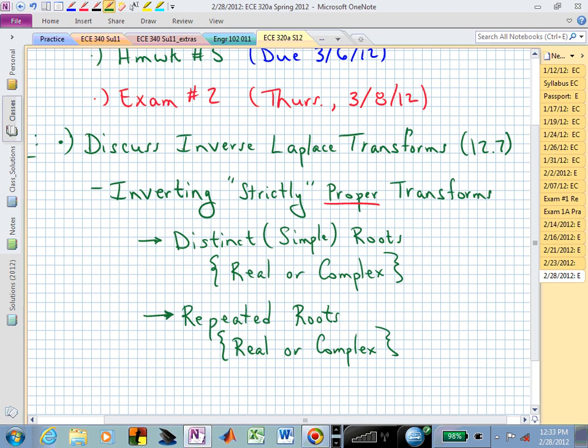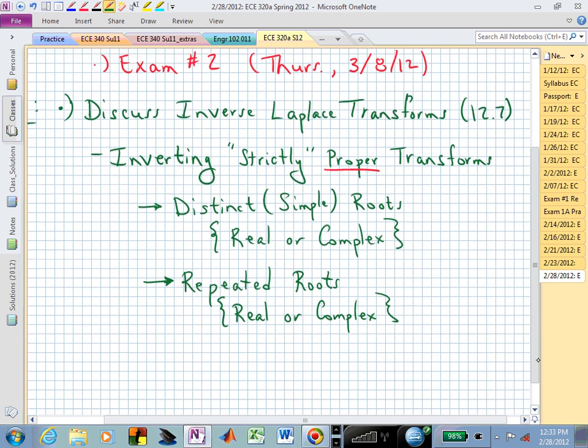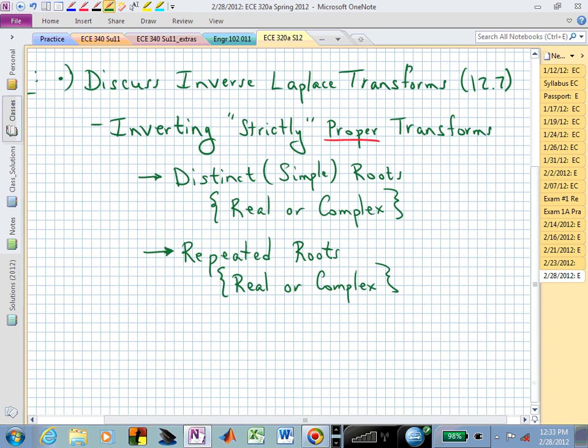And case 2 is when you actually have repeated roots or multiple poles at one location. If you had now a pole at -2, another pole at -2, and a pole at -3, -3 would be a simple or distinct root, -2 would be a repeated root. Hopefully that will start to make sense as we go through this material. Let's get started.